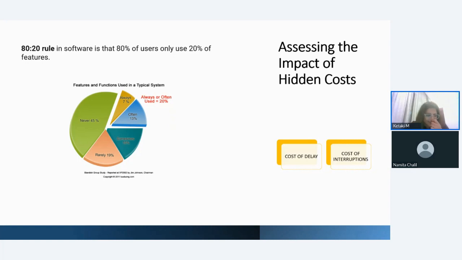Now, here is the diagram on the left-hand side that you see. This was a famous Standish Group study in which they surveyed close to about 1,000 projects, and they also studied what features and functions are used in a typical system.